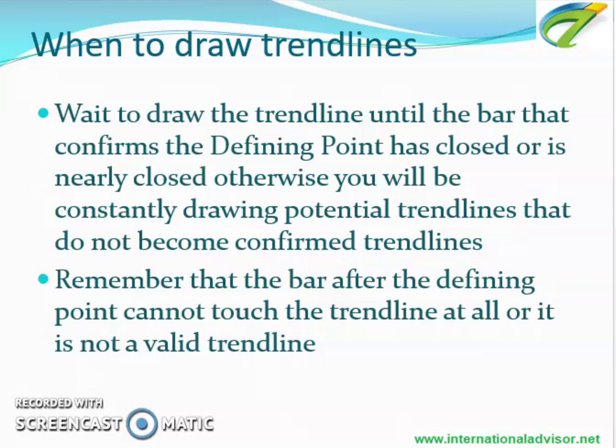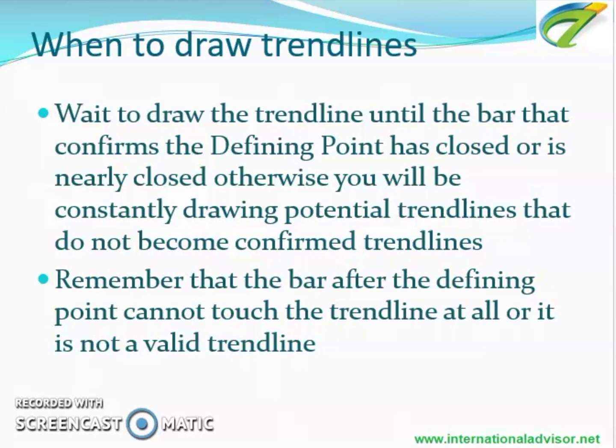Remember that the bar after the defining point cannot touch the trend line at all, or it's not a valid trend line, as we have already discussed. And we have to wait. The new point is we have to wait till the close of the current bar, whatever the time period could be.